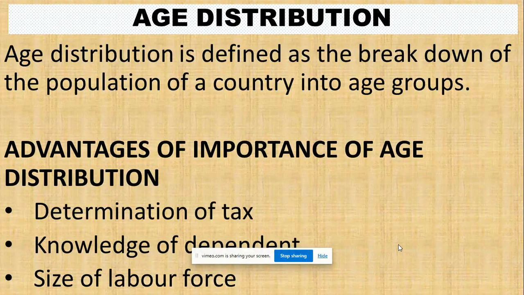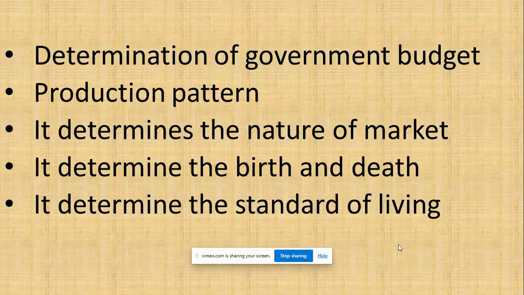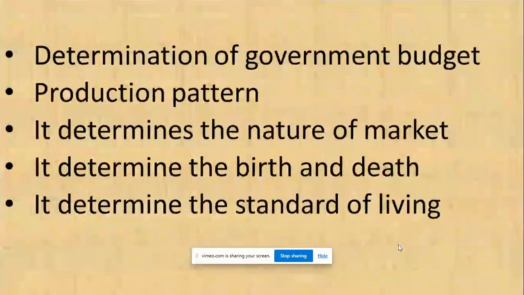It depends. It's breaking down of a population of a country into age groups, and we have advantages or importance of age distribution, as you can see on the screen. So these are the importance of age distribution.